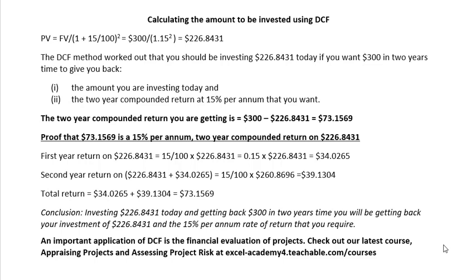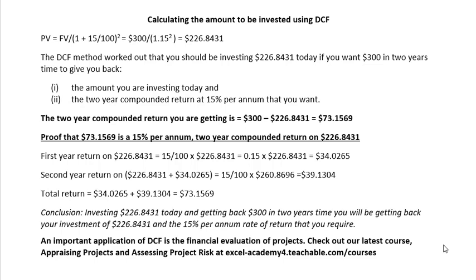PV, or the present value, is the amount to be invested today. Applying the DCF formula, we divide the future value of $300 by the discount factor of 1.15 to the power of 2.